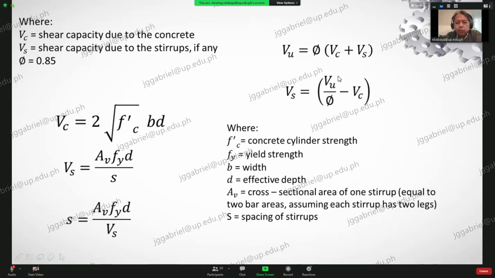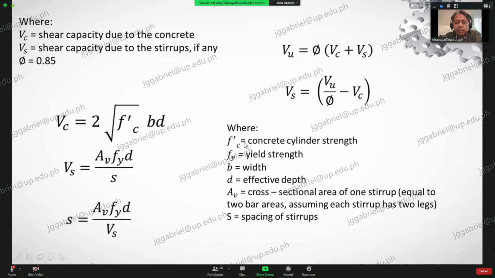For Vu, we get this from the shear diagram. We draw the shear diagram applying the factored loads of the beam. Of course, the usual values: f'c, that's the concrete cylinder strength.